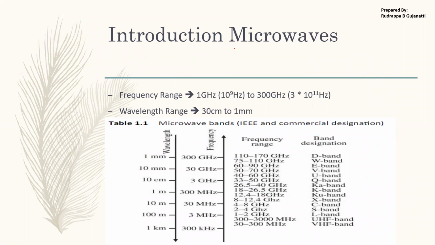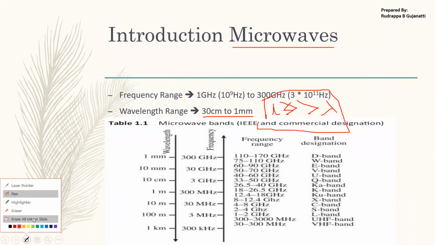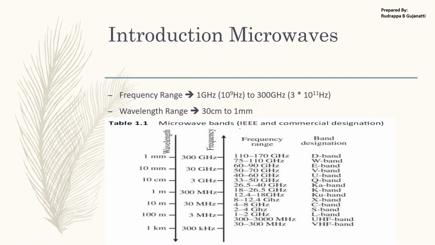So remember, when we are dealing with microwaves, the length of the transmission lines is much greater than the wavelength. That is one point you have to remember when you are dealing with microwaves.